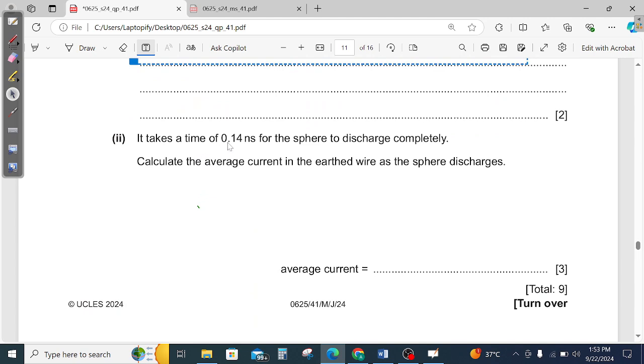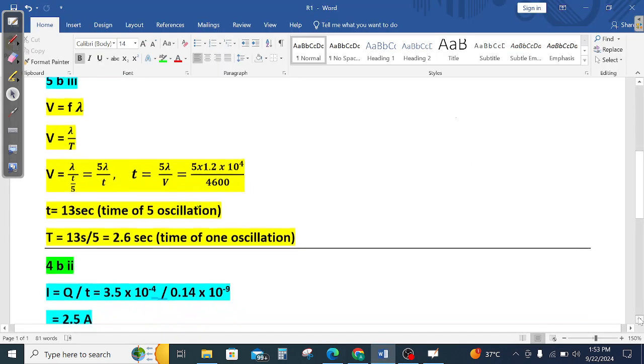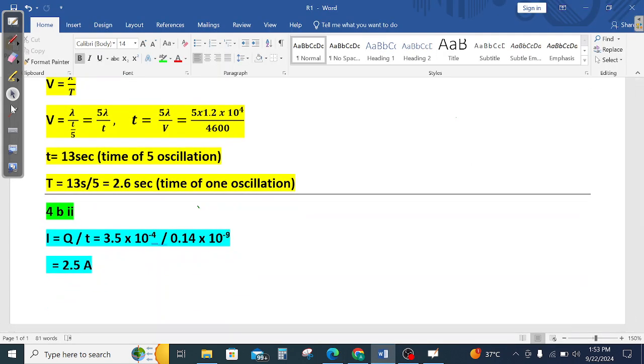Now it takes a time of 0.14 nanosecond for the sphere to discharge completely. Calculate the average current. It means the available negative charge moves towards the earth with the help of the earth wire in 0.14 nanosecond. Then how much current is available in the wire? So you have to apply the formula of current: I is equal to rate of flow of charge, Q by t.